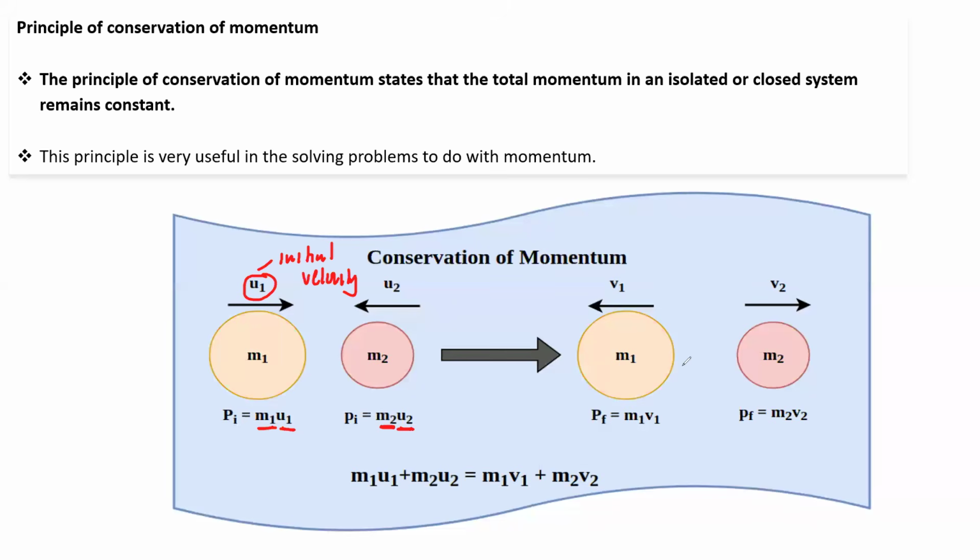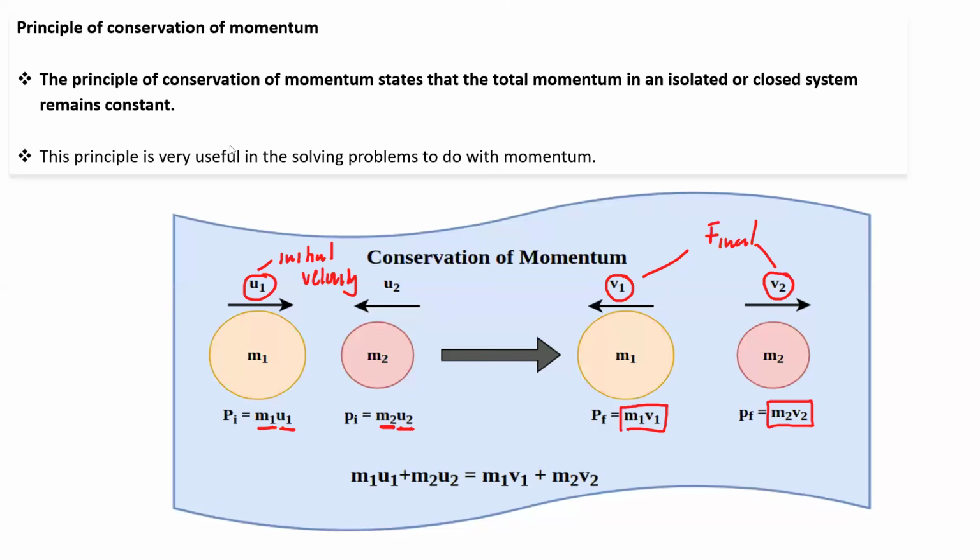And then when they collide, now there are different velocities. V1, that's the final velocity of object 1, and V2, that's the final velocity of object 2. And they are moving in opposite directions. So now you've got final momentums for object 1 and object 2.